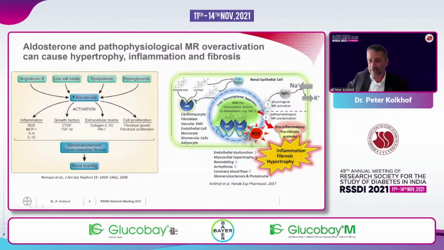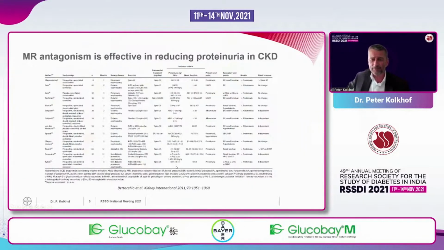And upon activation of this receptor, which is basically a transcription factor, driving gene expression in a cell type specific manner, either in the renal epithelial tubule, controlling sodium and potassium, but in all other cells. And I have to highlight also here immune cells such as monocytes, it drives inflammation and fibrosis.